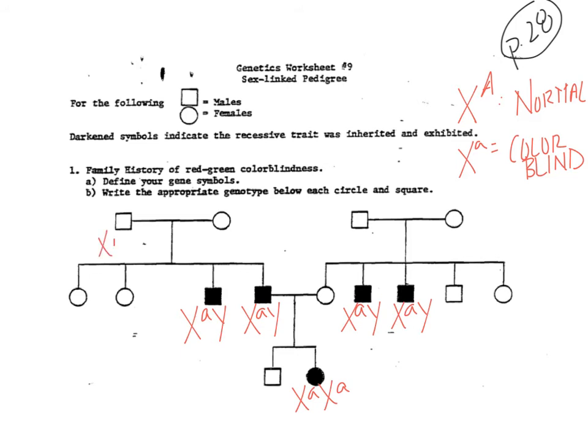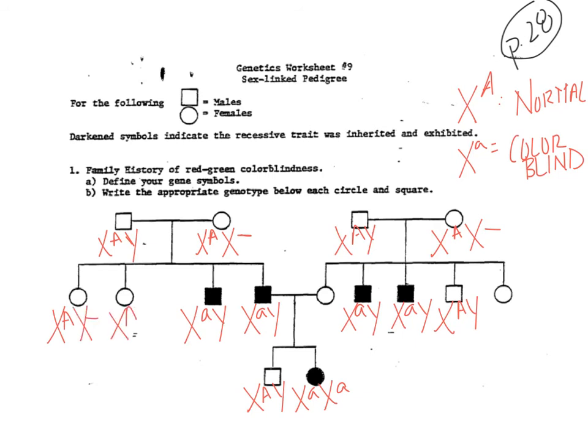They're all normal males, so they get X big A, Y. All of the unshaded females, we know for sure they have X big A. We can't be certain what that second allele is yet, so we make them all X big A, X blank.